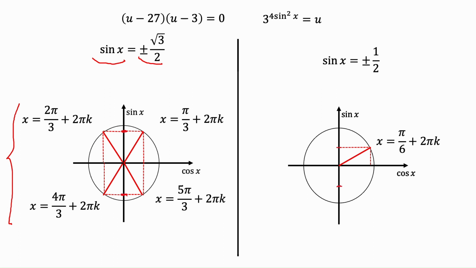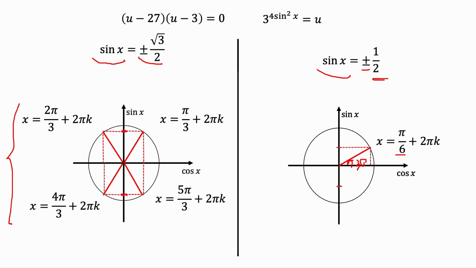Now we need to go through the next one, which is sine x equals positive or negative 1 over 2. So this is one of the angles that I said we should know the sine and cosine value of. The angle for 1 over 2 is 30. Sine equals 1 over 2. Here is 30, and 30 in radians equals pi over 6.